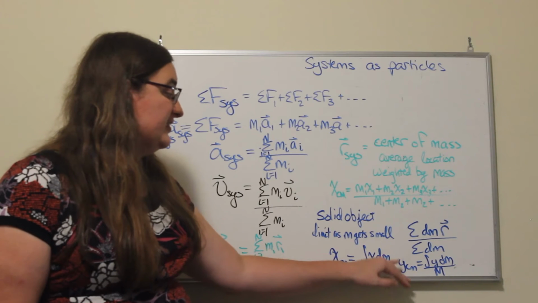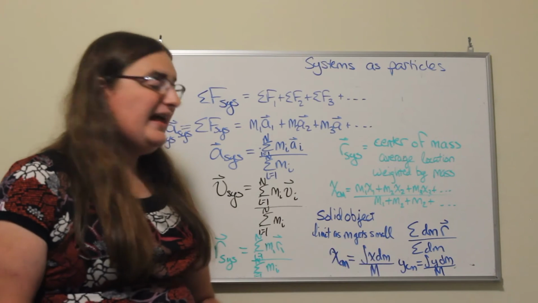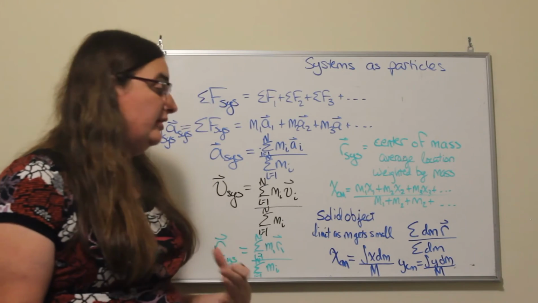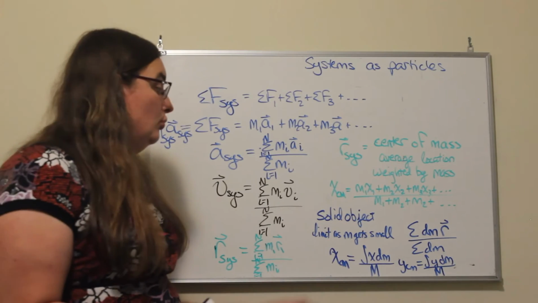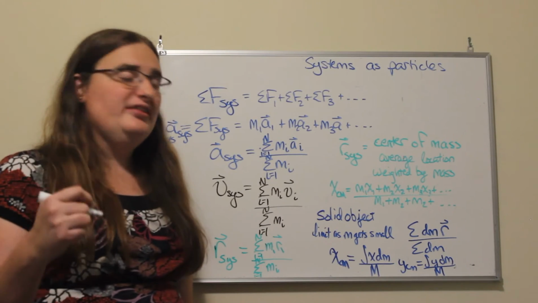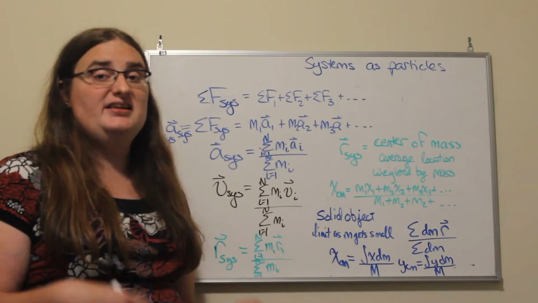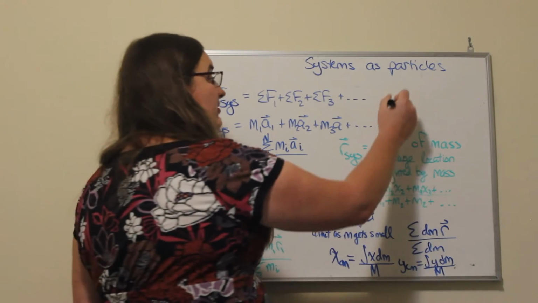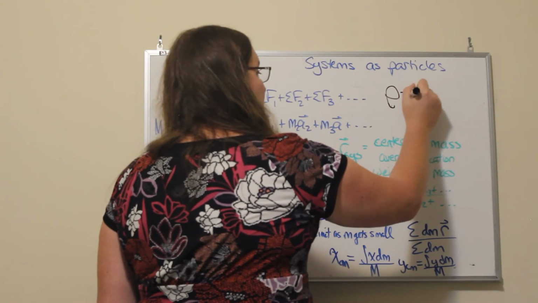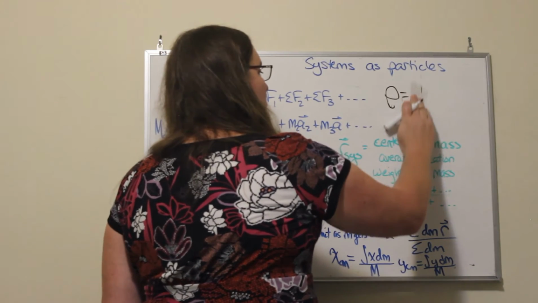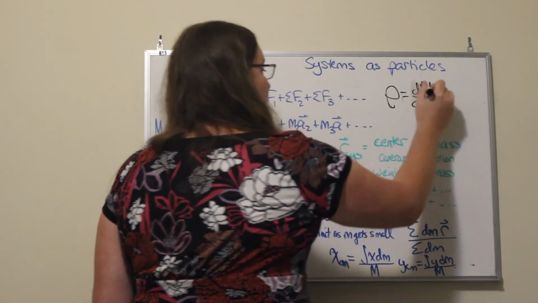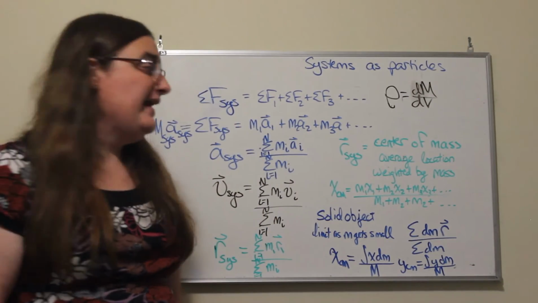The hard part of this is how we think about expressing a system in terms of mass. Usually, if we're working with coordinates, it's easier to think in terms of breaking up space into volume, and the density is going to be equal to the amount of mass we have divided by the amount of volume that we have.